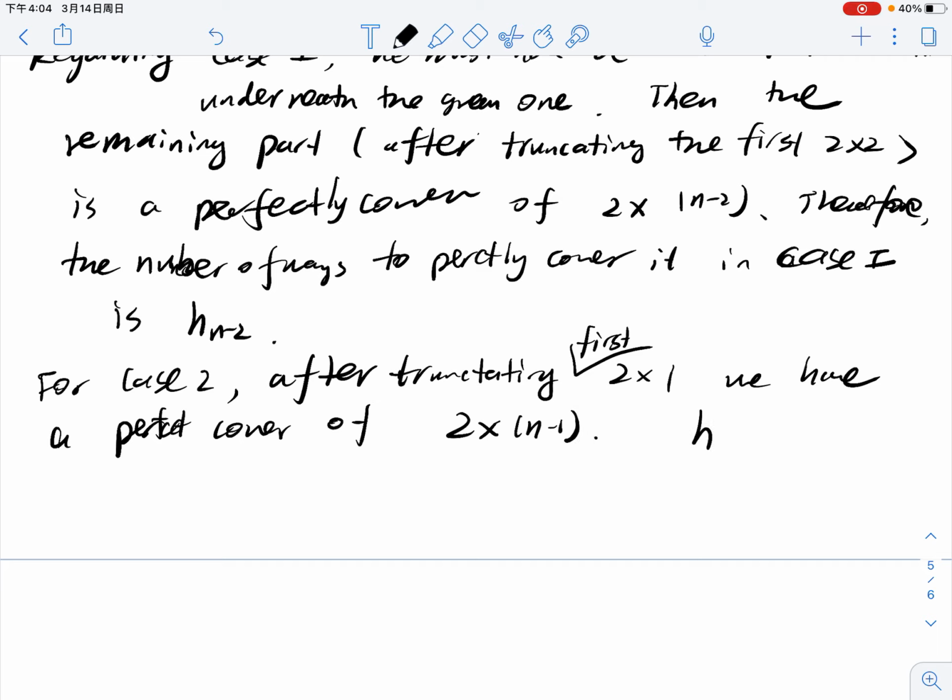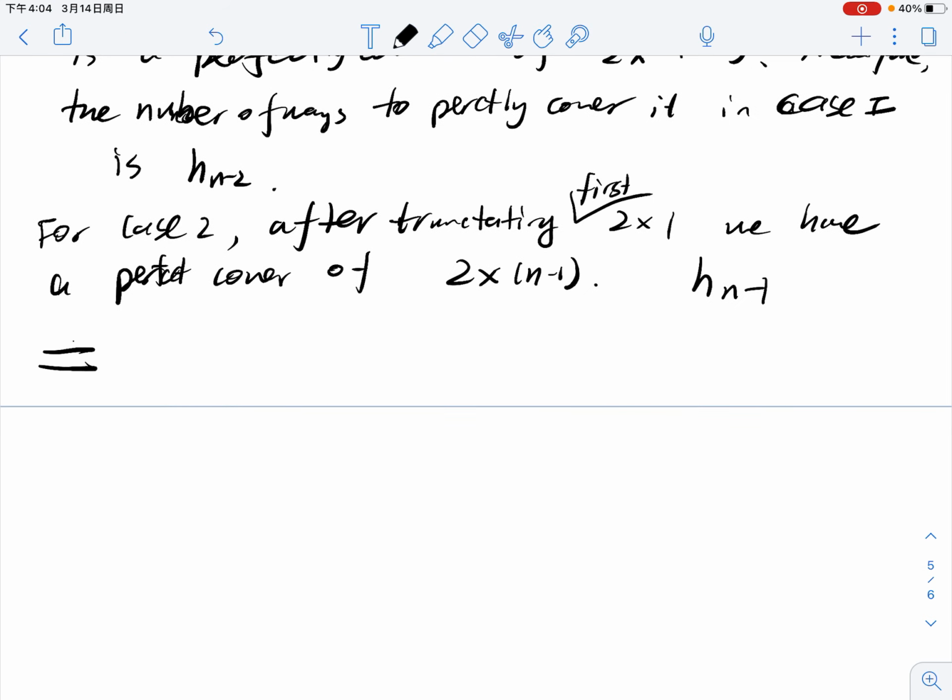Therefore, you have Hn minus 1 ways regarding case 2. And therefore, totally, Hn should be Hn minus 1 plus Hn minus 2.